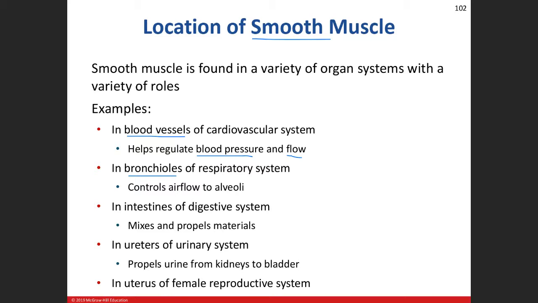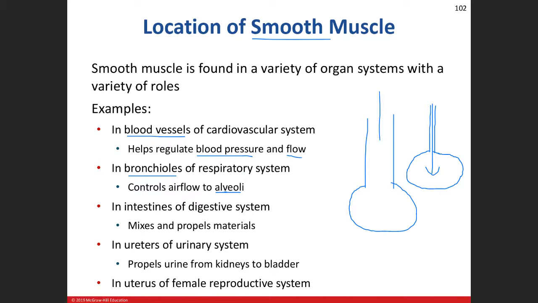Ideally, you want to get it down to the alveoli. Alveoli are those little balloons at the base of the bronchioles. So here's your bronchiole, then you'll have the alveoli, your air sac there. If it shrinks down, if it gets really small, it's going to greatly limit the amount of air that can get down in here. You want it big, like this.